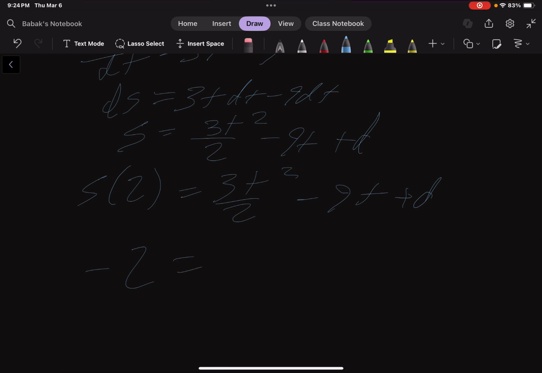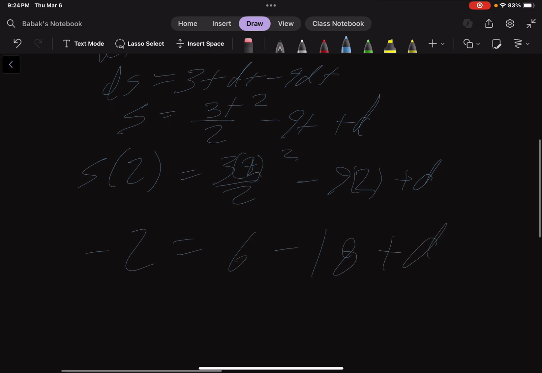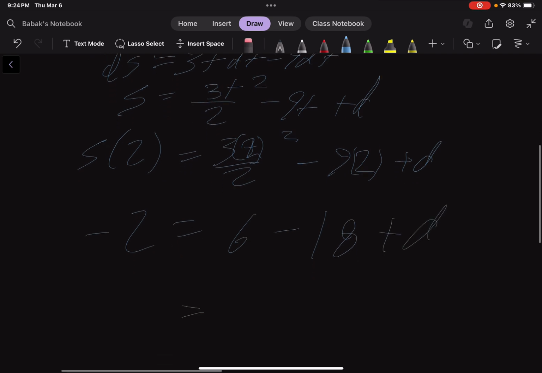Oh, I should have placed 2 squared here. 2, not t. And consequently, we have, I believe that would be 6 minus 18 plus d, if I am not mistaken. And this in turn yields 10 is equal to d.